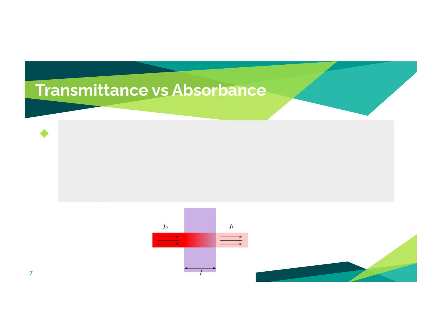Now, spectrophotometers don't directly measure absorbance. And sometimes you'll see me label absorbance as ABS, just because it's a little bit easier and faster to write. Instead, what it measures is transmittance.